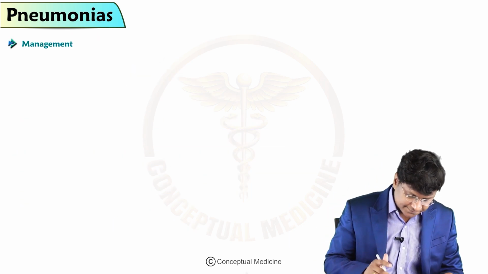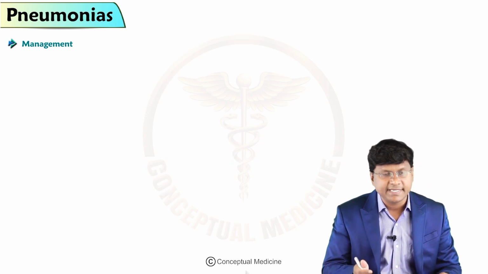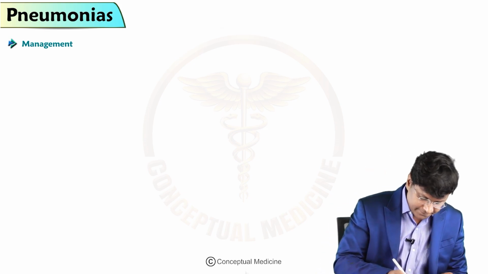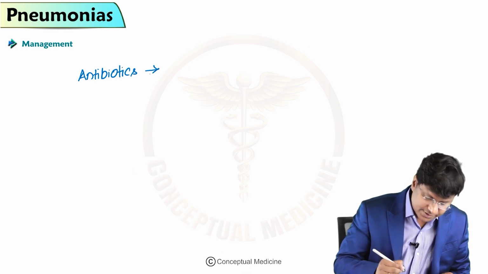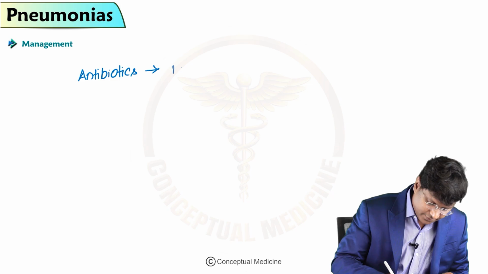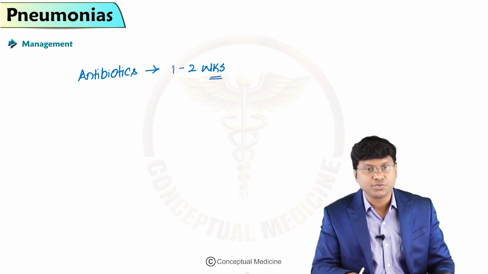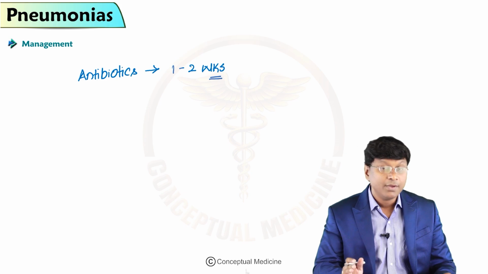Now, finally, in the treatment of these individuals, definitely antibiotics will be the mainstay of treatment. These antibiotics have to be given for nearly 1 to 2 weeks. And then treatment of complications.